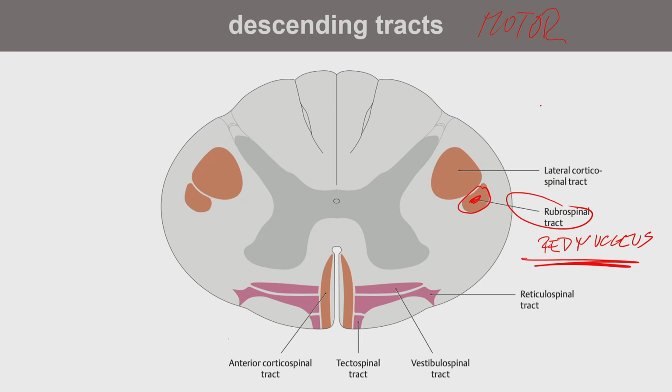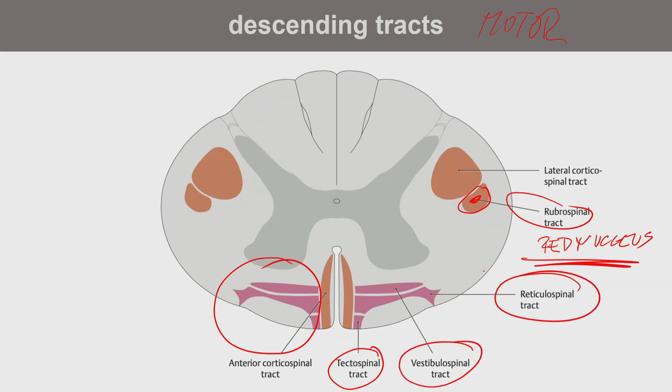Then we have also motor tracts which are anteriorly localized. They are also extrapyramidal, but they come from some archaic structures in the brainstem. Here are tectospinal, vestibulospinal, and reticulospinal. It should be also olivospinal.